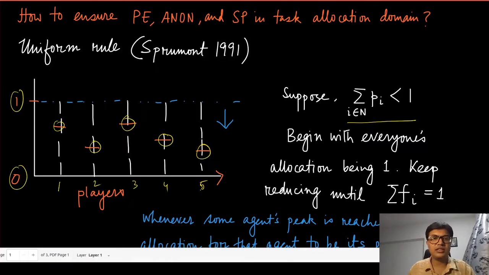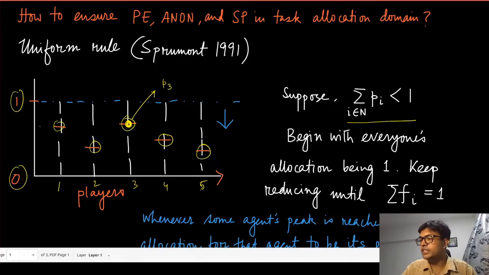So this is the idea. The thread that shows the total allocation is coming down slowly at a uniform rate from the top. So the first time it hits one of these peaks, let's say in this case this peak is hit, then that particular agent will get that peak. So let's say P3 is allocated to agent 3, and for that agent it has been finalized.